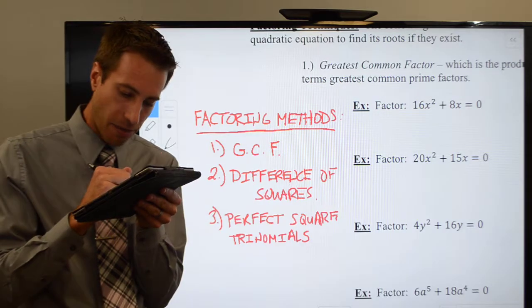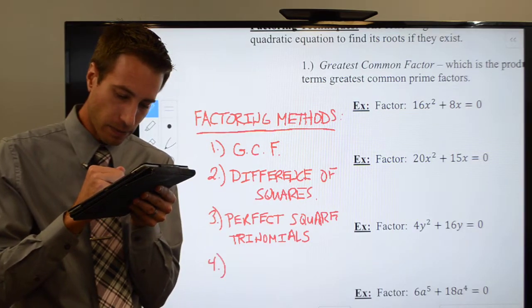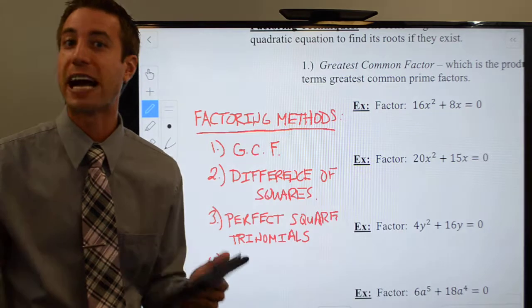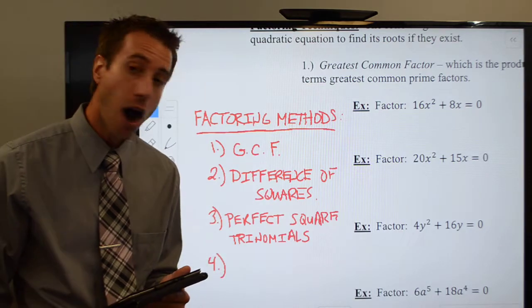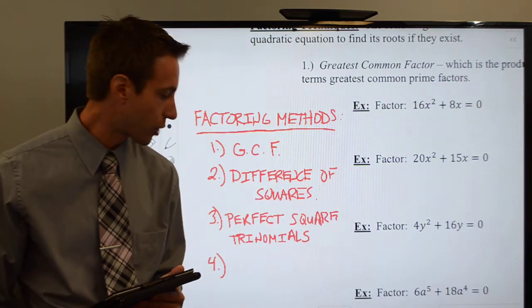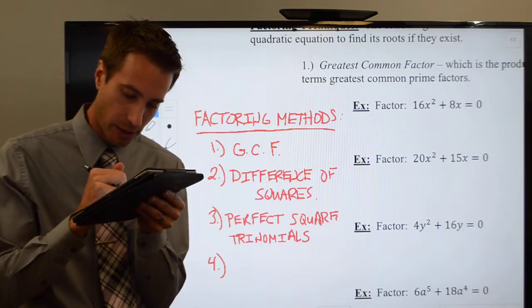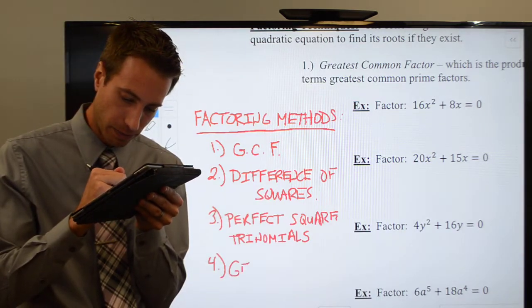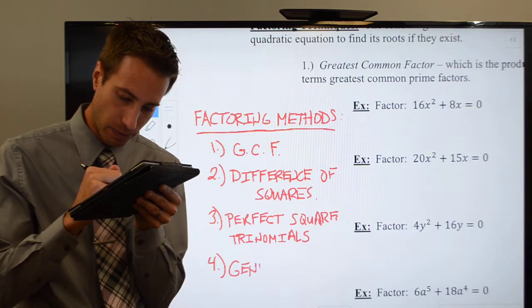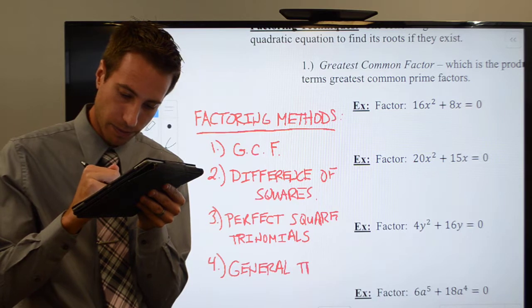And then option number 4 is going to be just factoring general trinomials. Of the 4 methods, it is the trickiest one, but sometimes you won't have a choice.